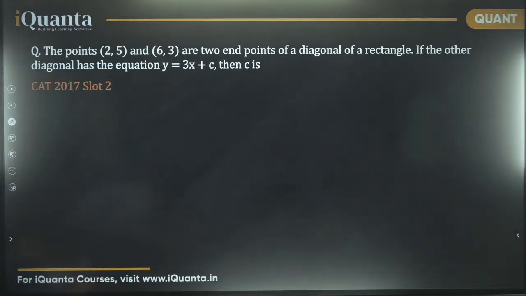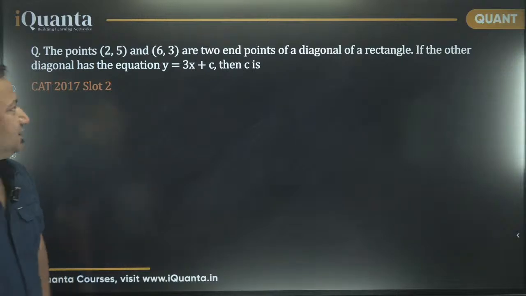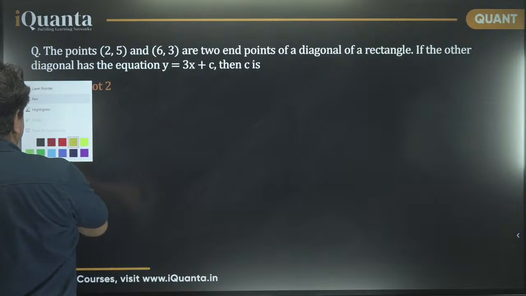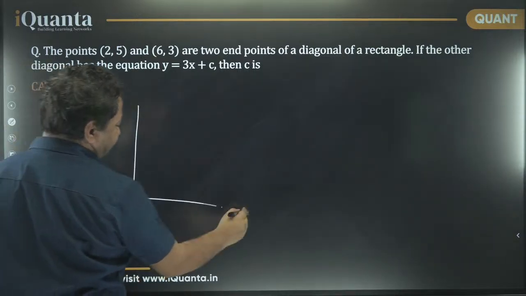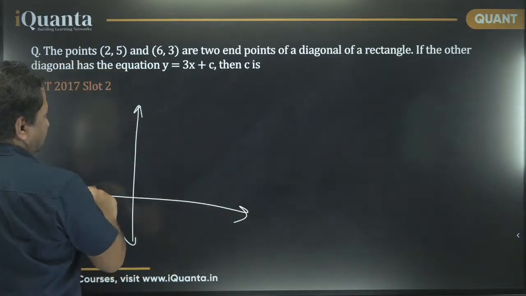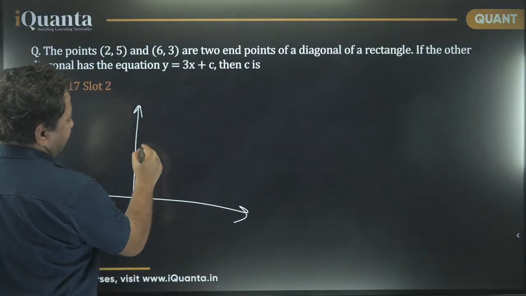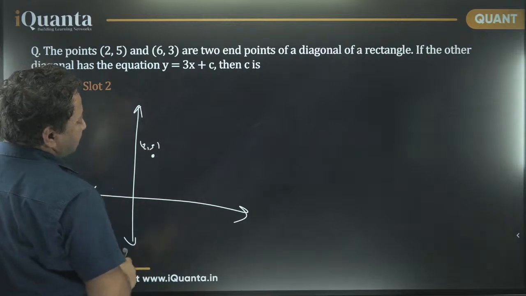Well, there's one thing that I know. We haven't done coordinate geometry yet, which we'll be doing tomorrow. But even if we have not, we can use some kind of common sense because we have done graphs, isn't it? See, what is happening over here? Let me draw the coordinate axis. One point is (2, 5). Let's say it's here. Other is (6, 3). Let's say it's here.